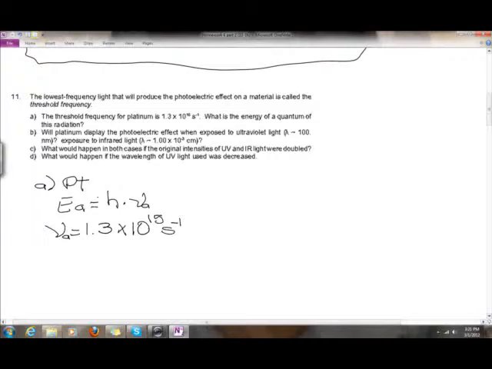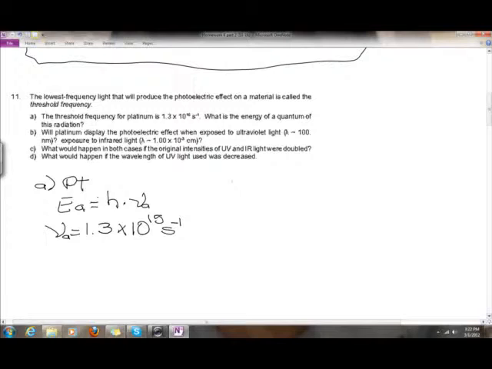Okay, let me explain it again, rephrase it. What it means is that the frequency of light on the platinum, the minimum frequency that platinum has to absorb, the minimum energy that will produce a photoelectric effect and will emit a quantum of energy, is going to be at a frequency of 1.3 by 10 to the 15 second to the minus 1.